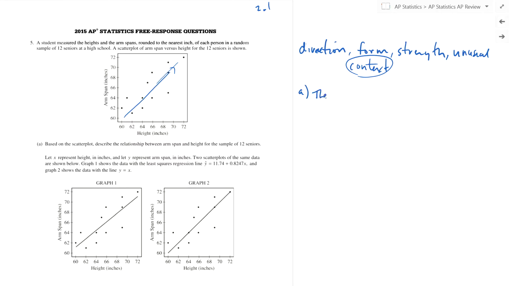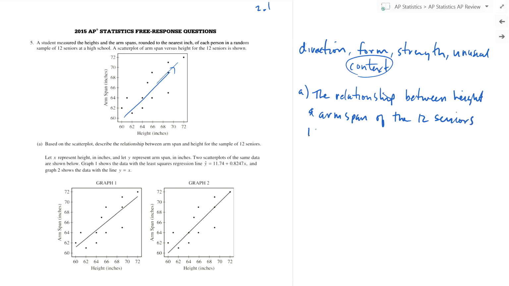The relationship between height and arm span of the 12 seniors is positive, linear, and it looks pretty strong to me, moderately strong.